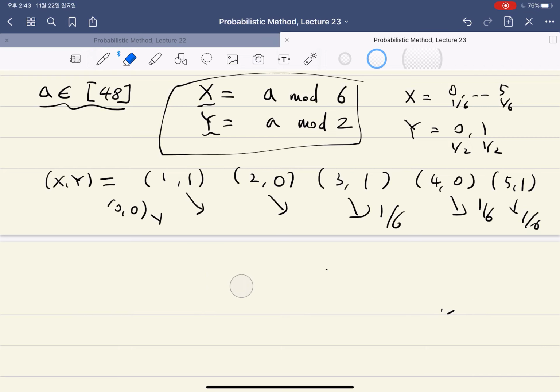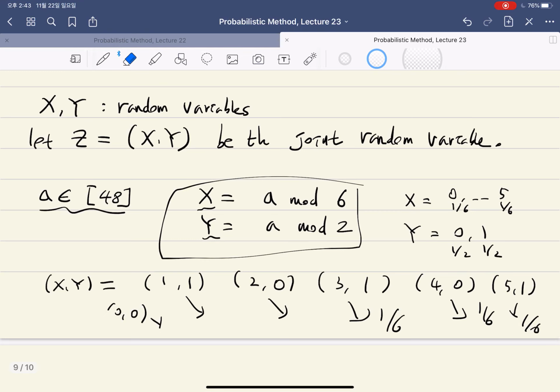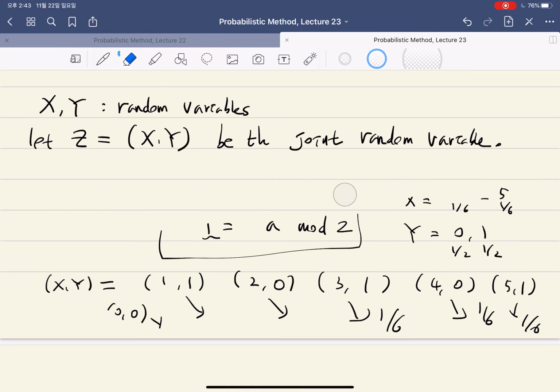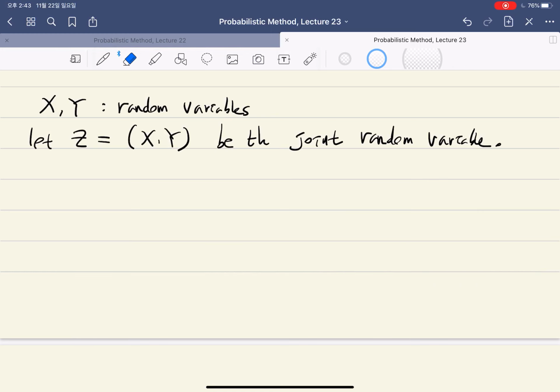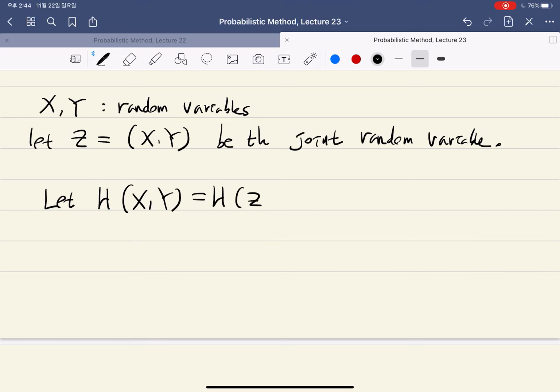So this joint distribution can be a different one if x and y are dependent in a different way. And we write H(x, y) for the entropy of this G, which is the joint distribution.